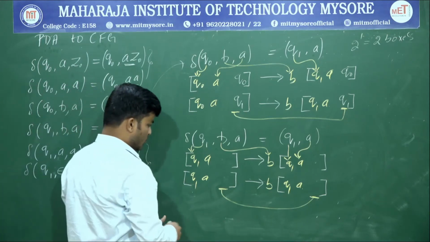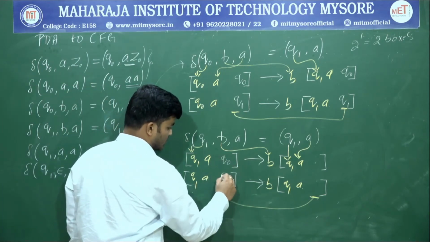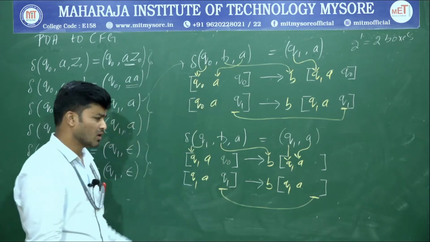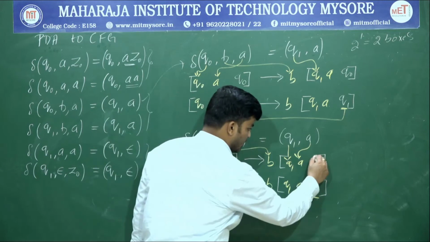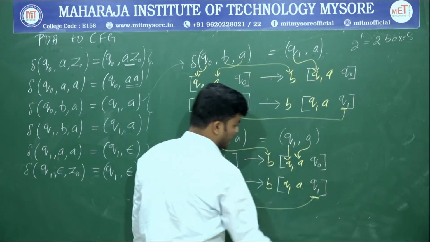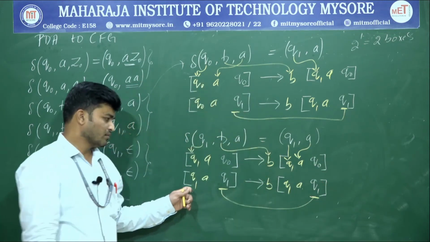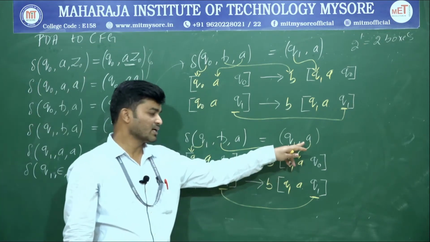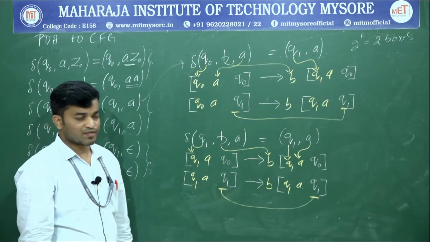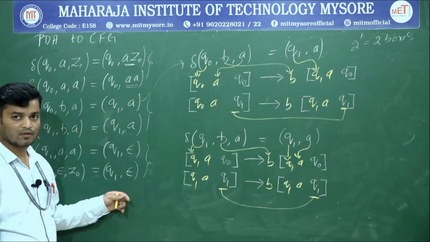If it is 2 Q1, here you are supposed to write Q naught Q1. Either you can write Q naught Q1 or Q1 Q naught. Okay. So again the same thing should be repeated in the last column. So this is context free grammar if you have only one term in the right hand side of the given transition function with respect to the PDA.